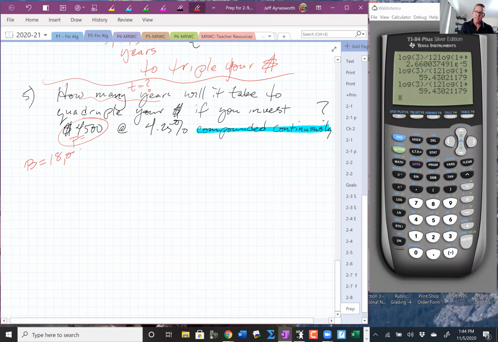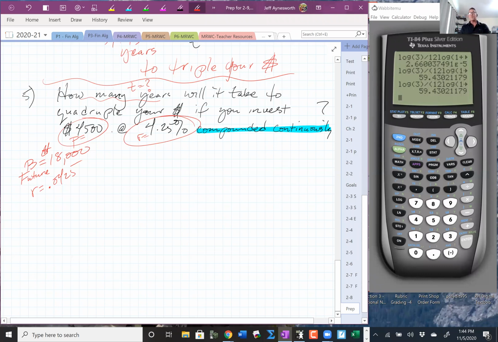So we want 18,000 in the future. This is our future value. Present value, the principal, is 4,500. If you want to quadruple it, you want 18,000. But the question is, after how many years will this happen? Okay, the interest rate is 0.0425. You're given the interest rate right here.